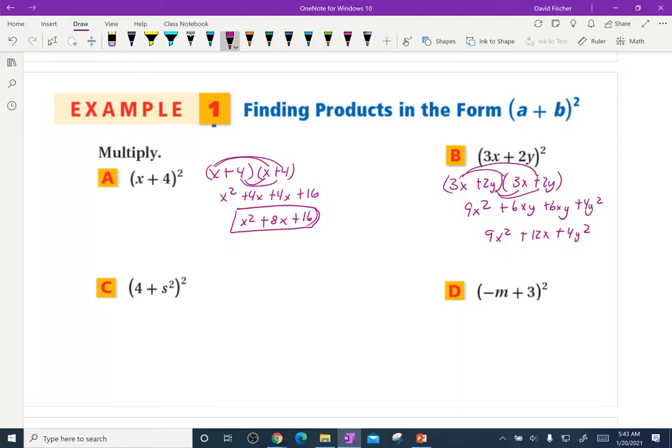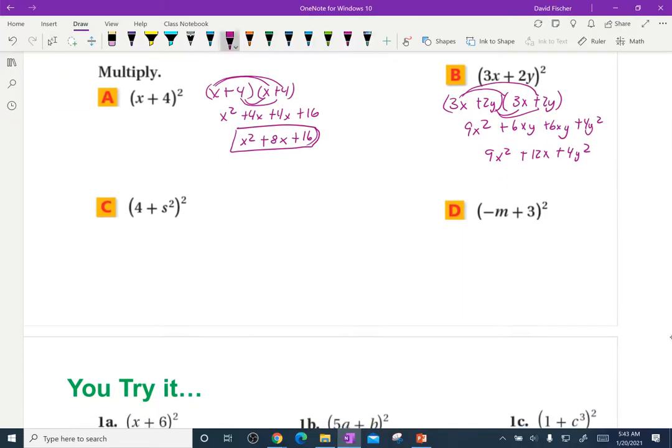Okay. Let's go down and do this one. This one's not written in standard form. We're not going to panic just yet.